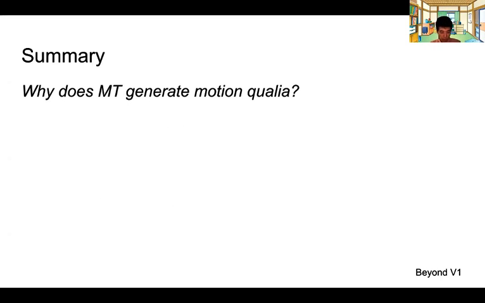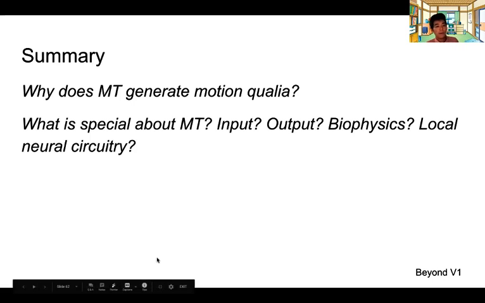Now, an important question for the consciousness researcher is why does MT generate motion qualia? And at this point, really nobody knows. You need to think about what is special about MT. Some may say that it is an input, or some say maybe it's the output.